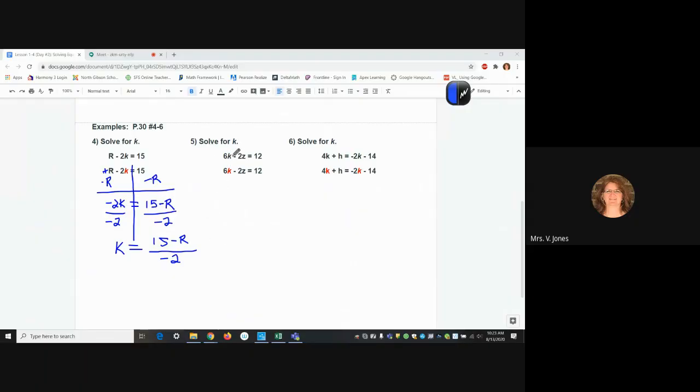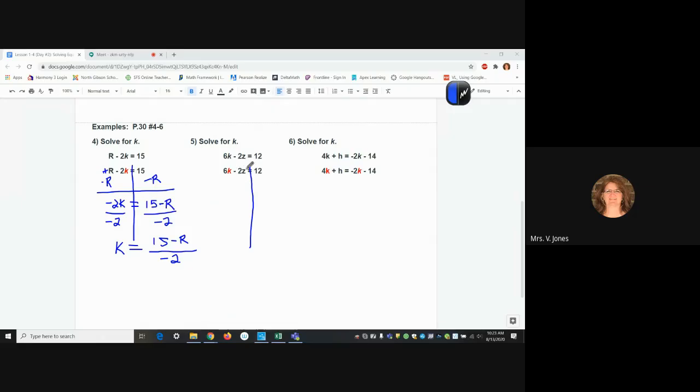All right, for number 5, I made the k red. I'm going to draw my line, kind of crooked, which bothers me, so I'm going to fix that. Make it a little bit better. All right, so to get the k by itself, we have to get rid of the 6, and we also have to get rid of this entire term over here that's being subtracted.